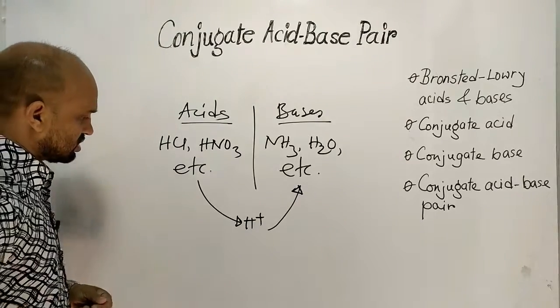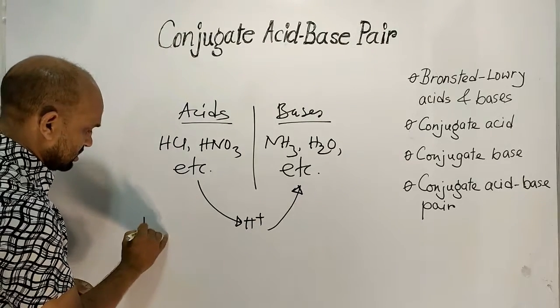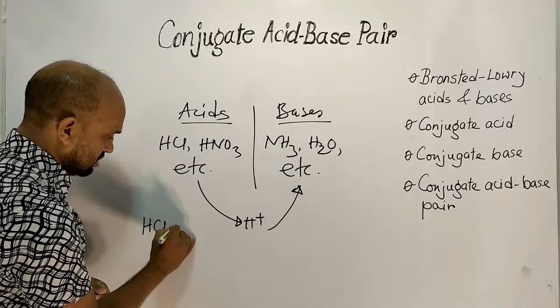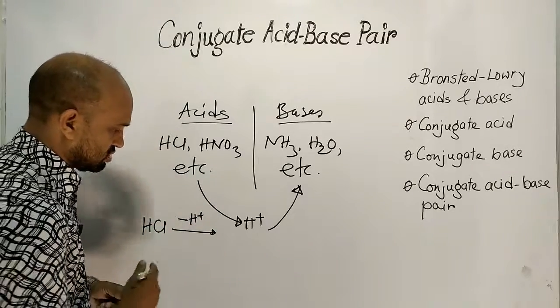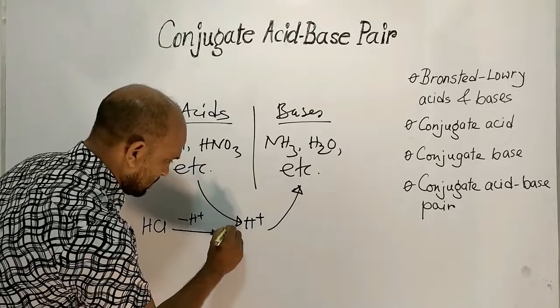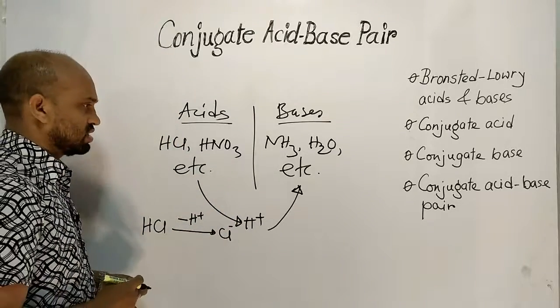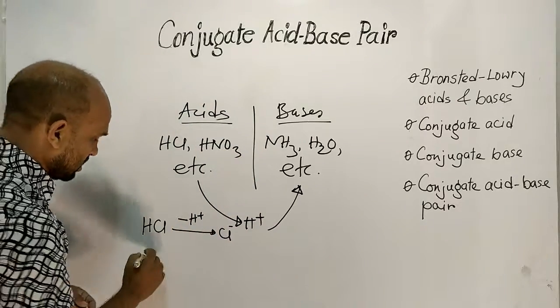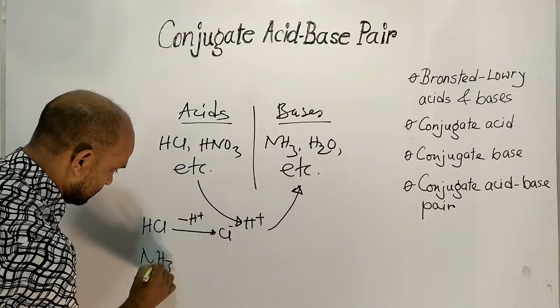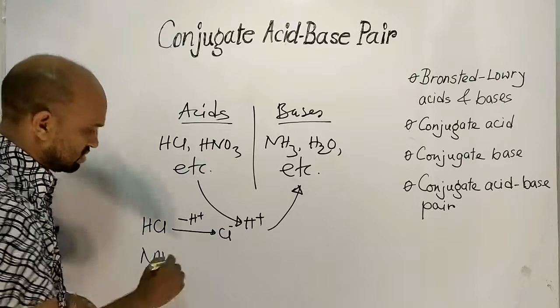First of all, let's consider hydrochloric acid. After donating protons, chloride ion is formed. And ammonia is a kind of Bronsted-Lowry base.